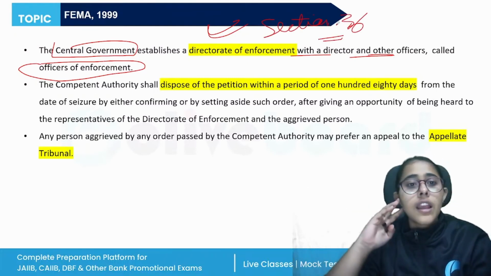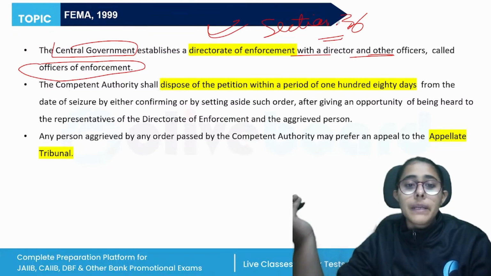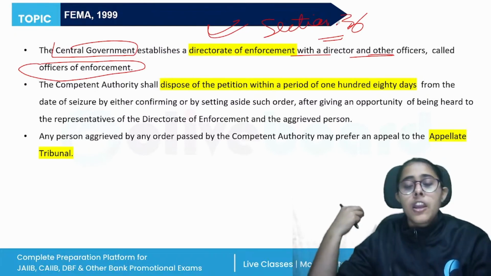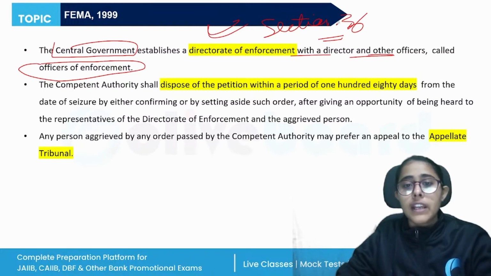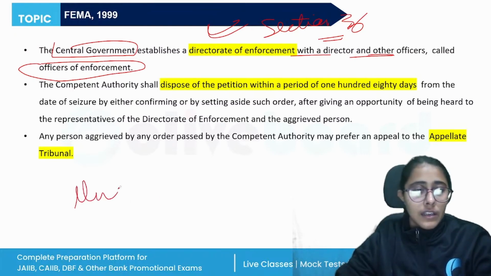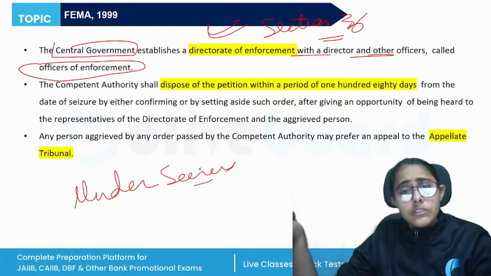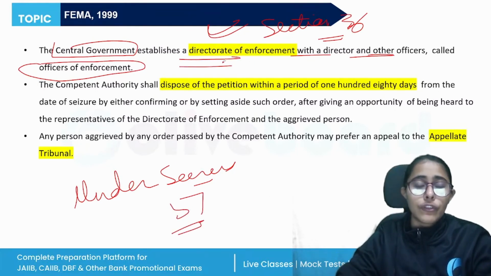right, under section 36. Then the central government may also authorize any class of officers in the central government or the state government or even RBI not below the rank of an under secretary. Under secretary. Why? To look into the investigations, to investigate the contraventions. This is given under section 37. So section 36 talks about the Directorate of Enforcement not below the assistant director level.